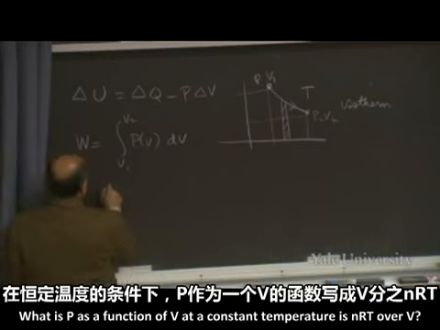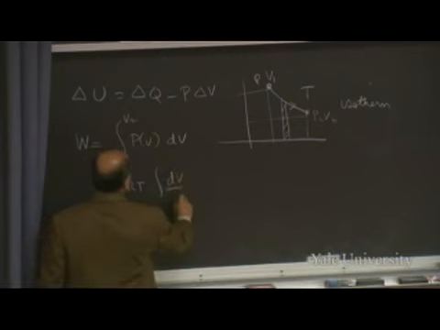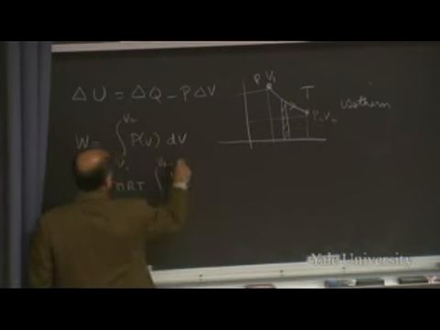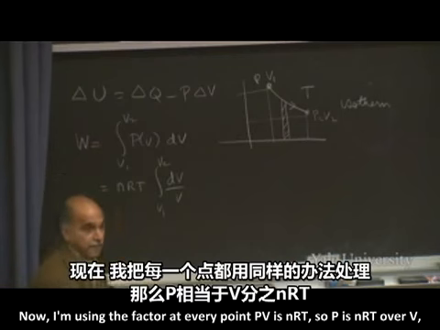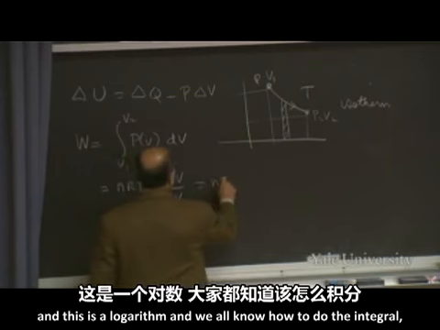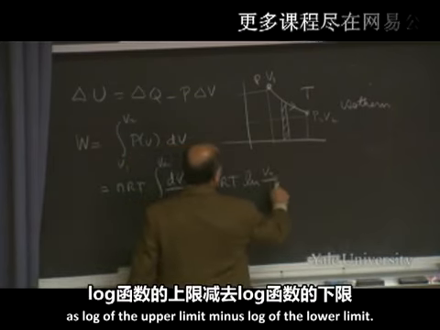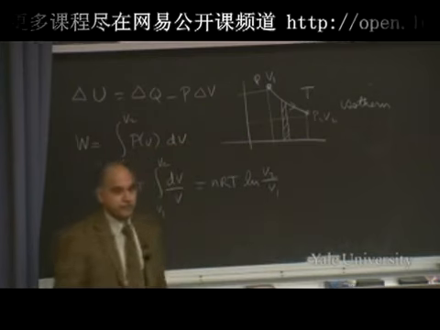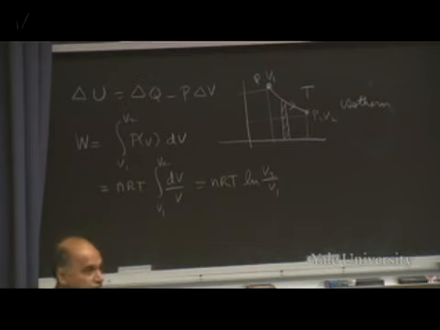What is P as a function of V at constant temperature? It is nRT over V. Now I'm using the fact that at every point PV is nRT. So P is nRT over V, and this is a logarithm, and we all know how to do the integral. It's log of the upper limit minus log of the lower limit. So that's our first successful calculation of work done.